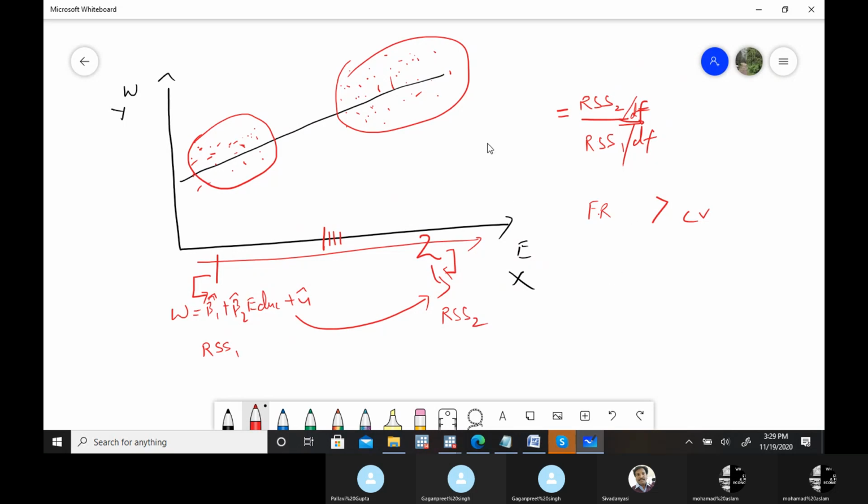That means this change in the residual sum of square in these 2 different groups is indicating that it's not a constant variance of residual. It might be changing. In this case, it might be increasing from one level to another level. So that's indicating heteroscedasticity.